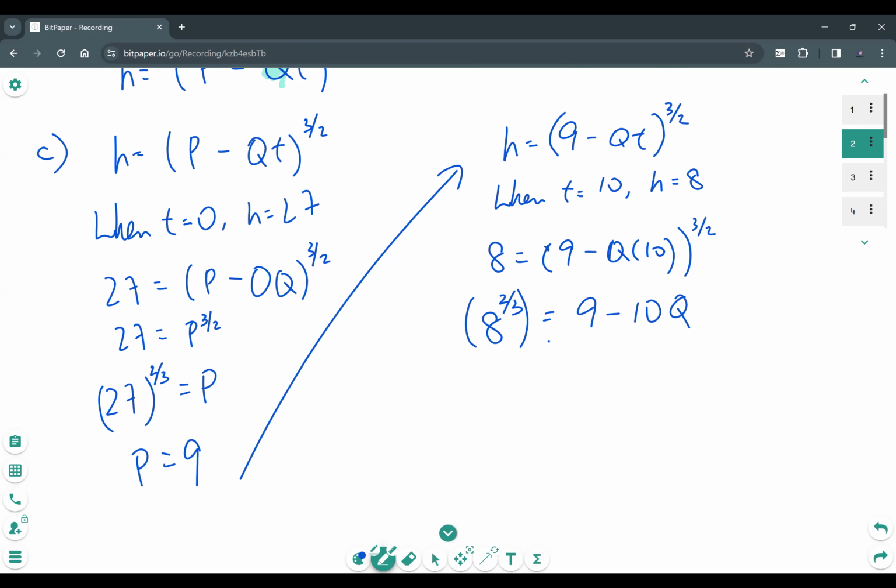Put in a calculator or do some super quick mental maths. 2 squared is 4, so 4 equals 9 minus 10q. Then you can simplify it, and you get q equals a half. Therefore, h equals 9 minus a half t to the power of 3 over 2. Ta-da!